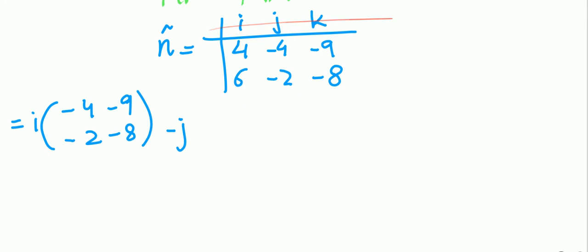For j, we're gonna ignore this part and we're gonna take this and this. And similarly for k, we're gonna ignore this and take this batch of numbers.